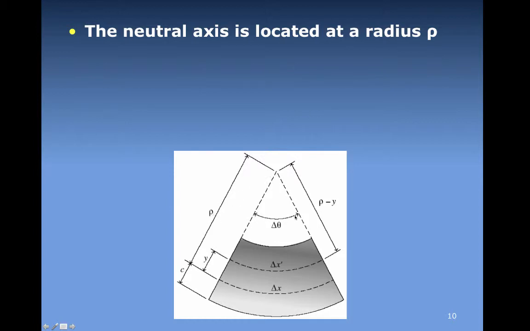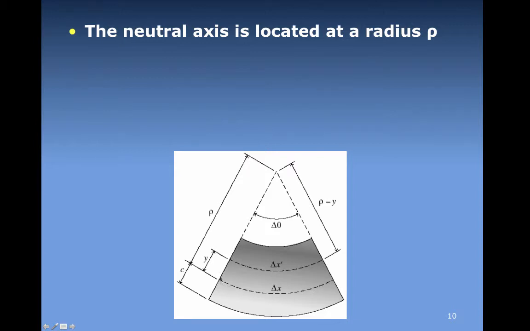This has a certain angle associated with that arc, and our nomenclature has a dimension, y, that is defined as the distance from the neutral axis, which is shown here as the sector delta x.